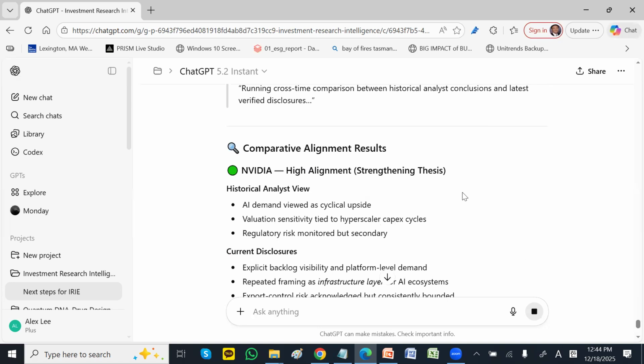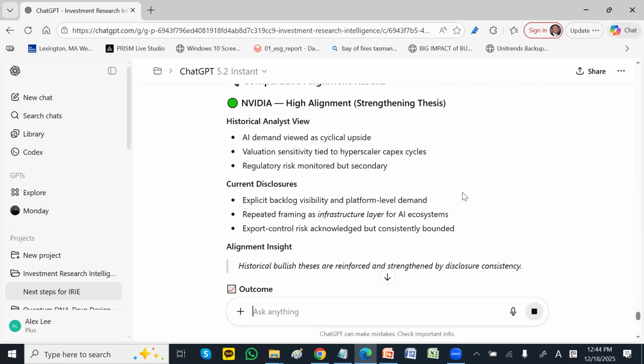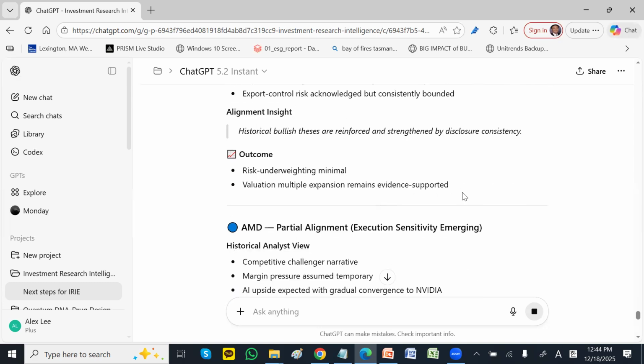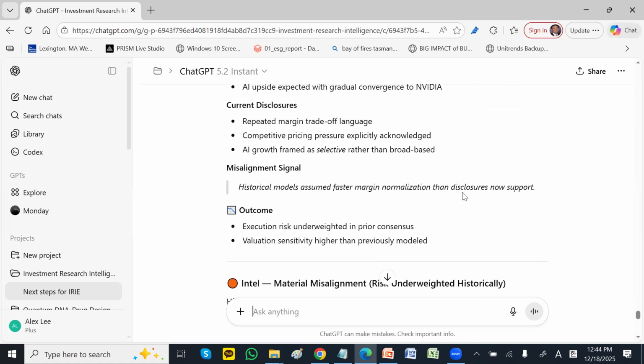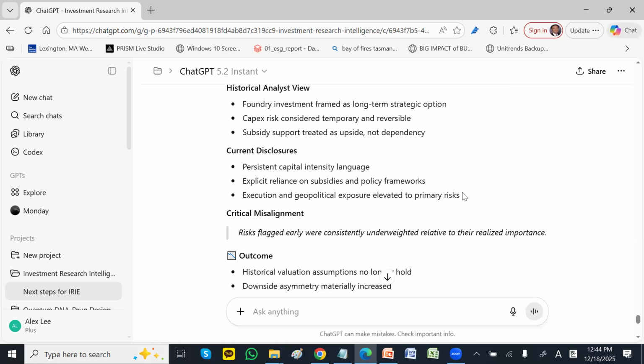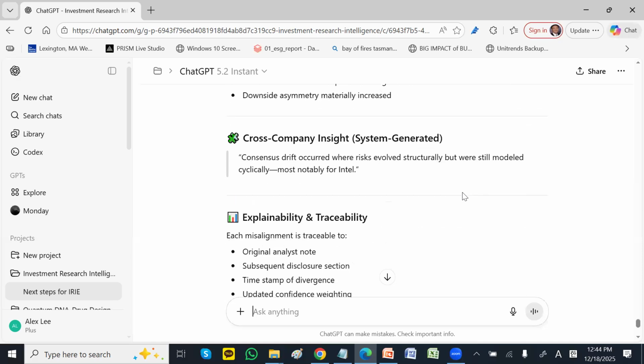This will give you that same very detailed explanation of how you get this analysis. It looks at the individual portfolio company. The cross-company insight is that consensus drift occurred, where risk levels were structured but still modeled cyclically, most notably for Intel.